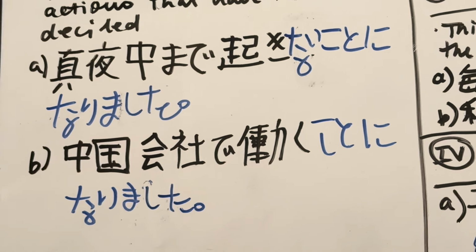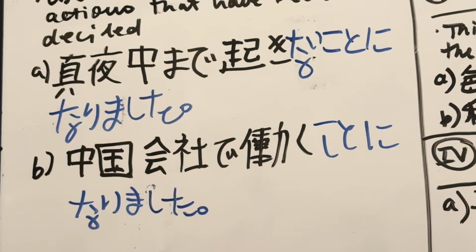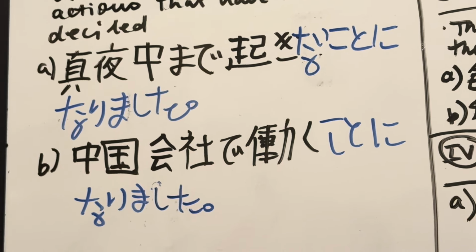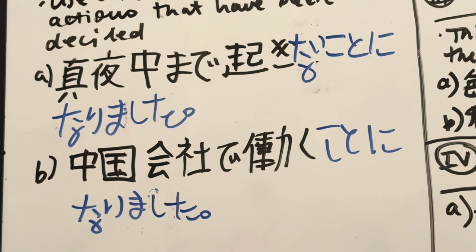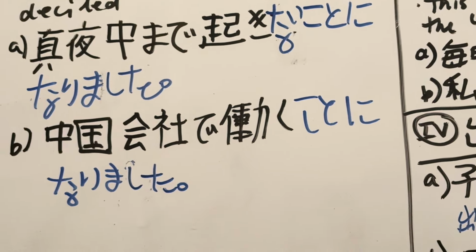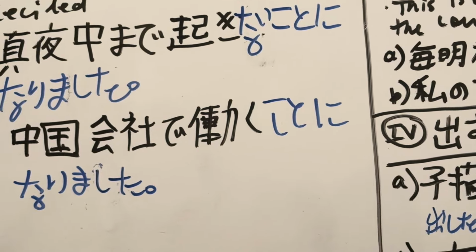So, kind of to rescind it a little bit, nakamade okinai koto ni narimashita. It has been decided that we aren't going to stay up until midnight. So it was not us, the actors, directly doing it. It's more just the circumstances surrounding it that are causing that. So, just a brief little correction there on my part.